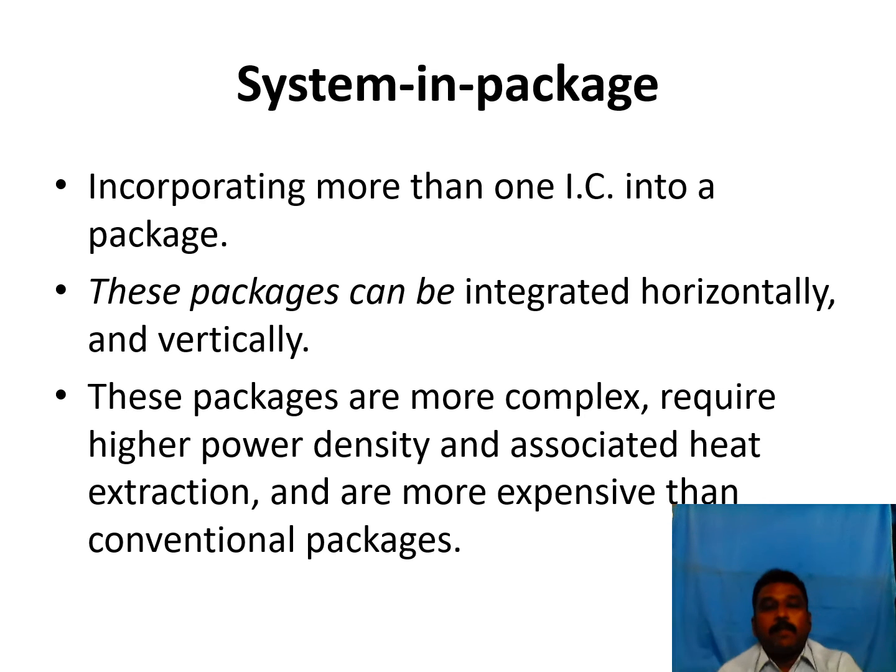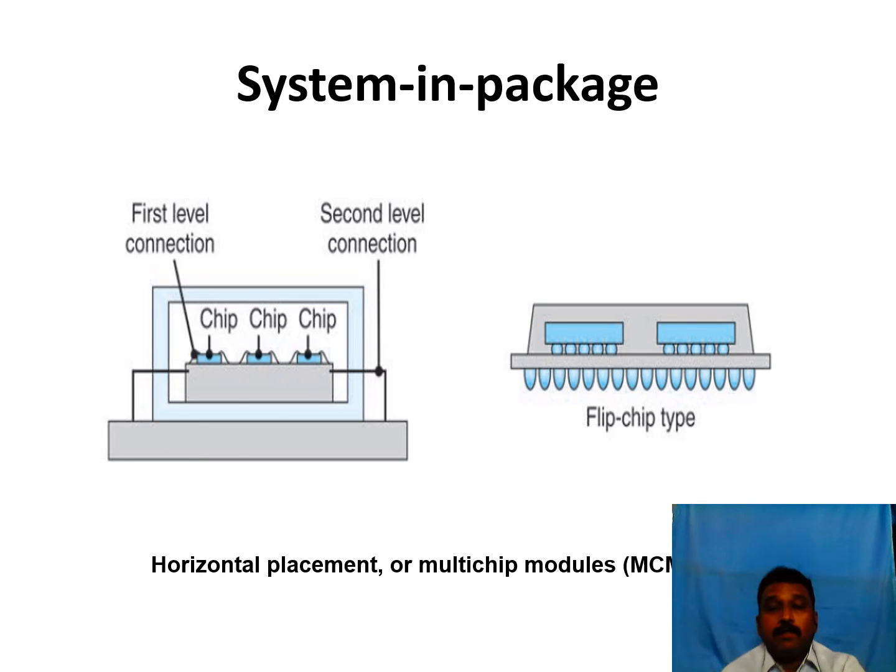Next one is the system in package. It integrates more than one IC into a package. These packages can be integrated horizontally or vertically. It is very complex and requires high power density. You can see here horizontal placement of the system in package, that is a flip chip type.